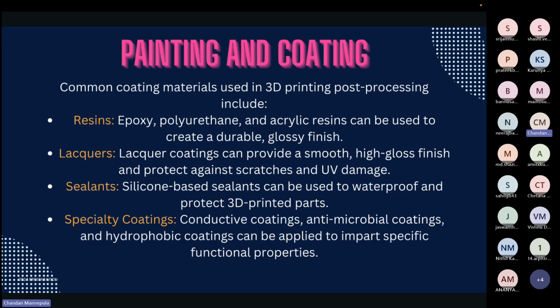Epoxy is like a cyclic closed structure with an oxygen atom in it. Okay. Generally, resins, epoxy, polyurethane, and acrylic resins can be used to create a durable and glossy finish.